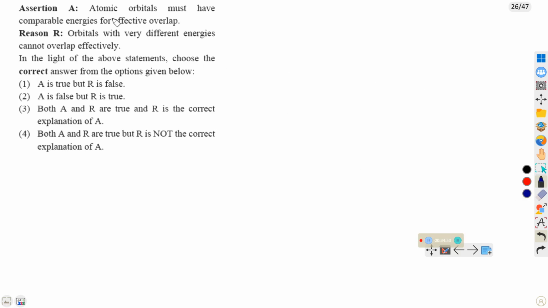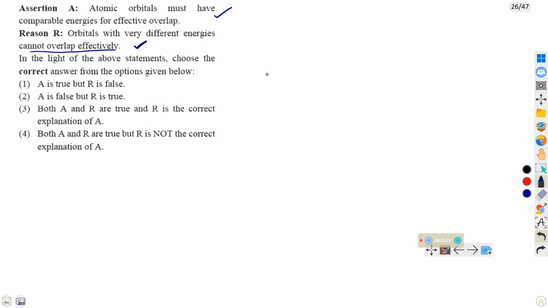Atomic orbitals must have comparable energies for effective overlapping. This statement is correct. Reason: orbitals with very different energies cannot overlap effectively. The reason is also correct. Why can they not overlap effectively?